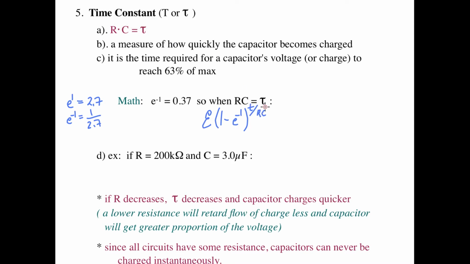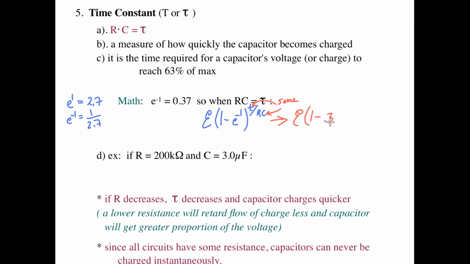If I make t equal to RC, so these numbers are the same, then t over RC is just 1. We have e to the -1, which we know is 0.37.